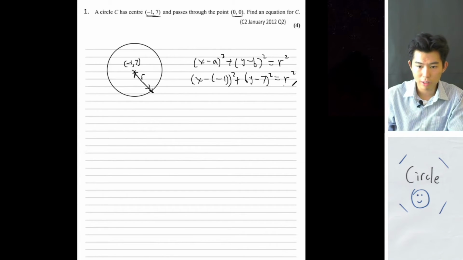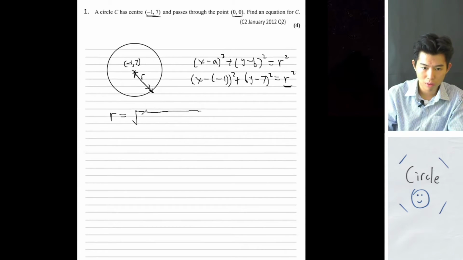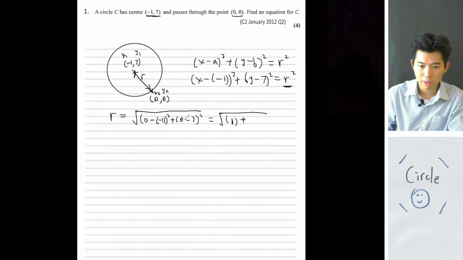From there, we will need to find the value of r. r would be equal to the root of, let's assume that this one here is y2, y1, x2, x1, okay? x2 minus x1 will be 0 subtract -1, squared, plus 0 subtract 7, squared. 0 minus -1 will be +1. +1 squared will be 1, plus (-7) squared, which is 49, right?